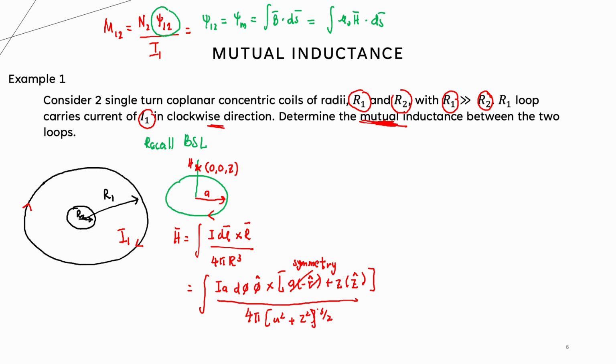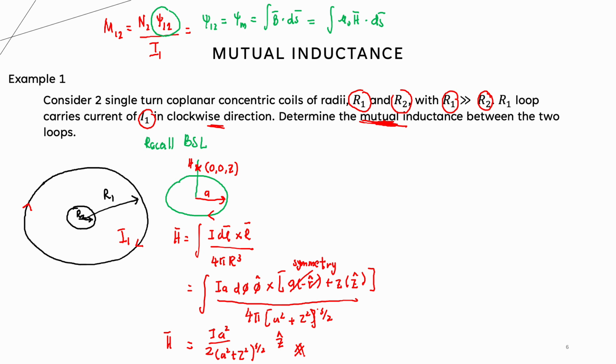If we solve this, we obtain H equals I a squared over 2, times a squared plus z squared to the power of 3 over 2, in the positive z direction. This is what we obtained in the previous lecture.